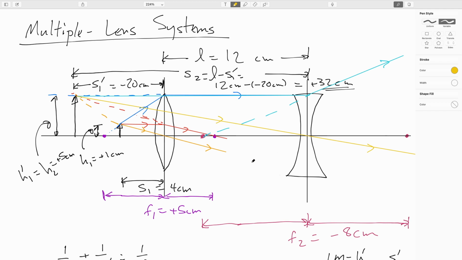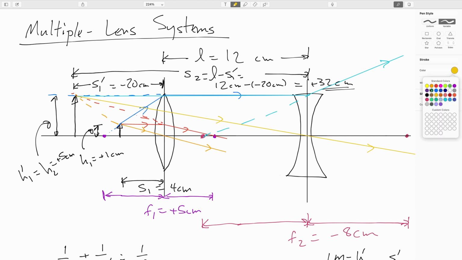But let's double check that with the focal ray. So remember, with a diverging lens, the focal ray is going to be aimed at this focal point here. So let's see, the focal ray should be red, or sorry, oh, my bad. This should have been red here. Oh, well, sorry about that.